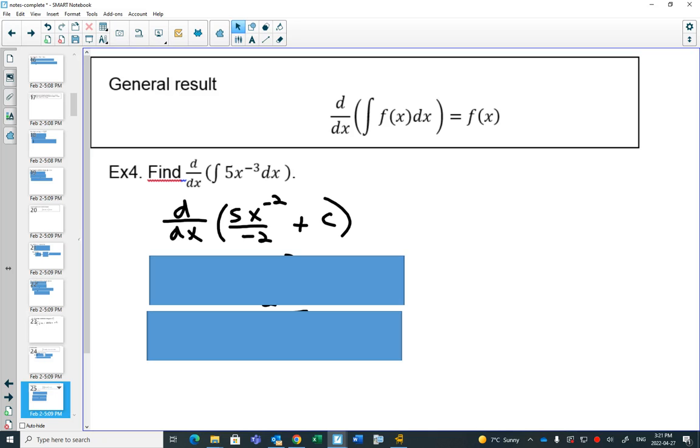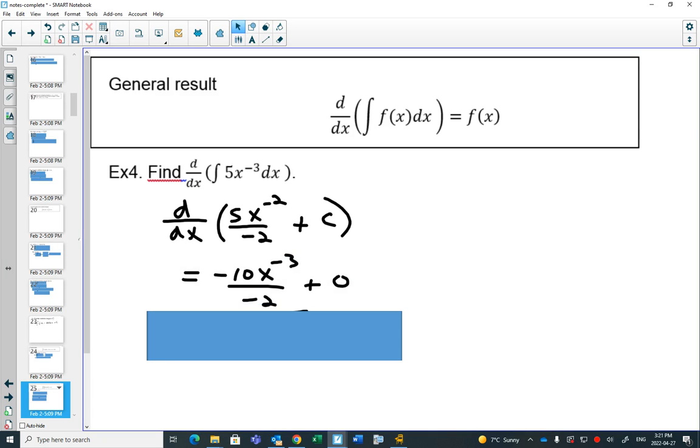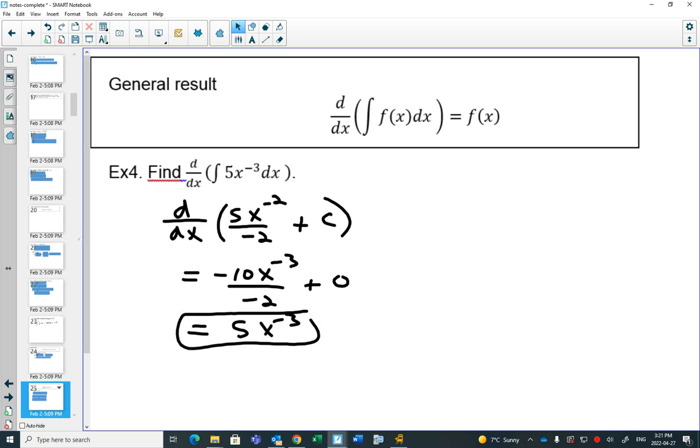But then when you do the derivative of that, you'd get the original back how you started, and then the derivative of the plus c would be 0, because the derivative of any constant would be 0. So there's a slight difference. They do cancel each other out.